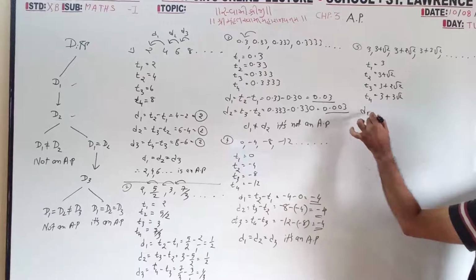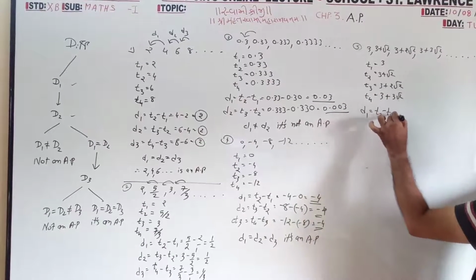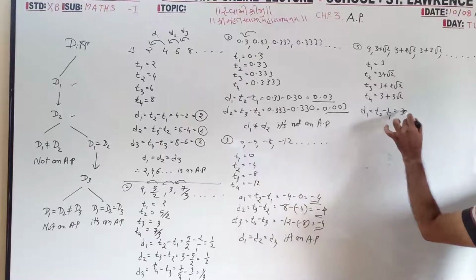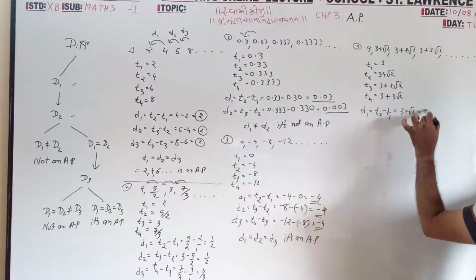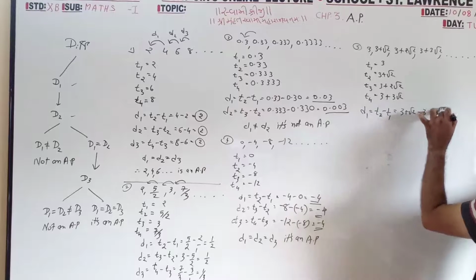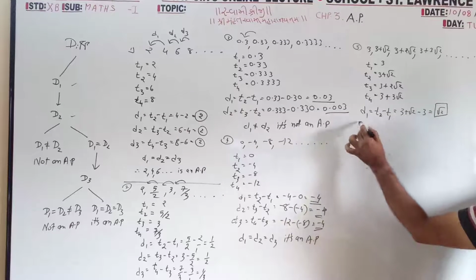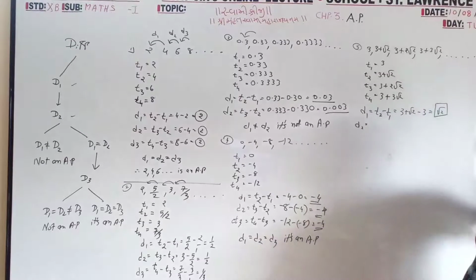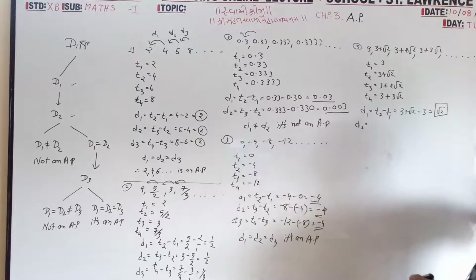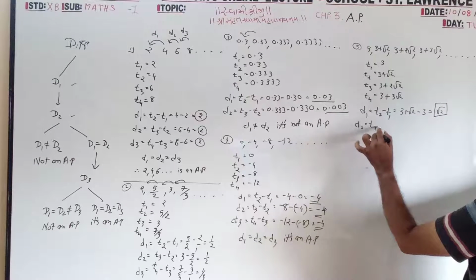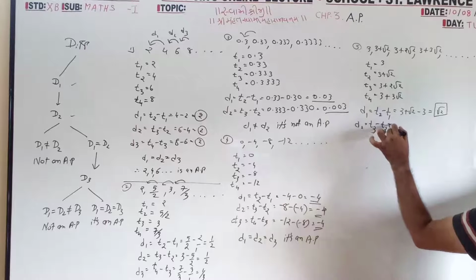Okay, so first difference: 3 plus root 2 minus 3. So 3 gone, only root 2. Difference 2 is T3 minus T2.